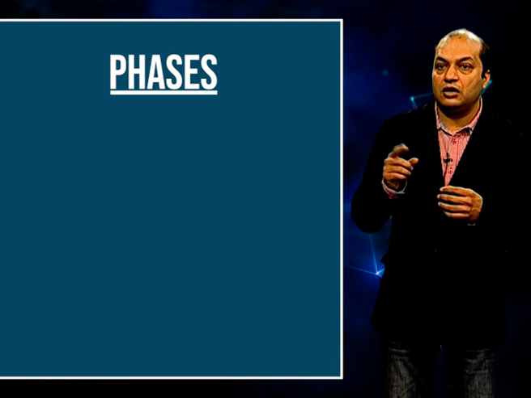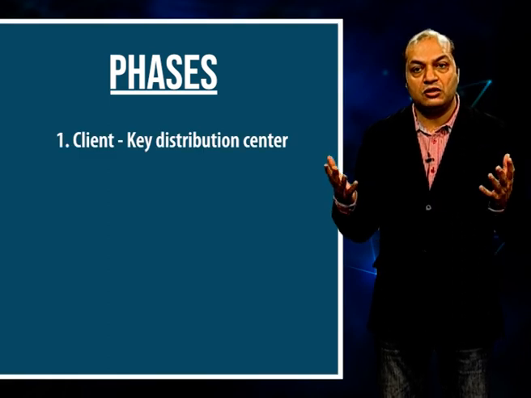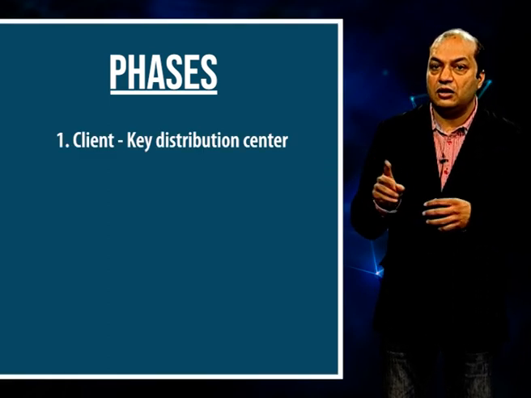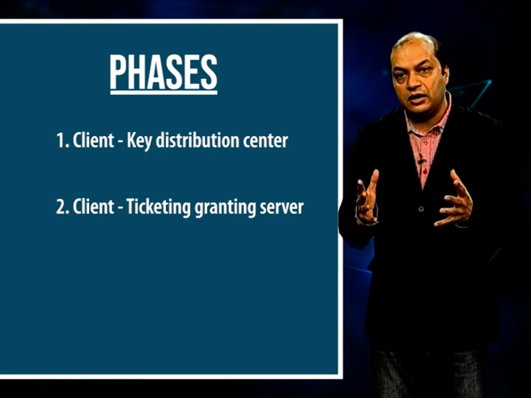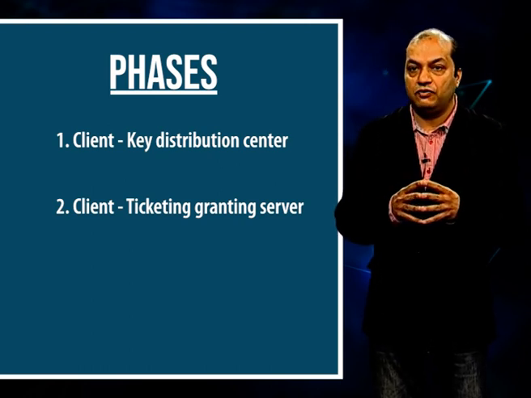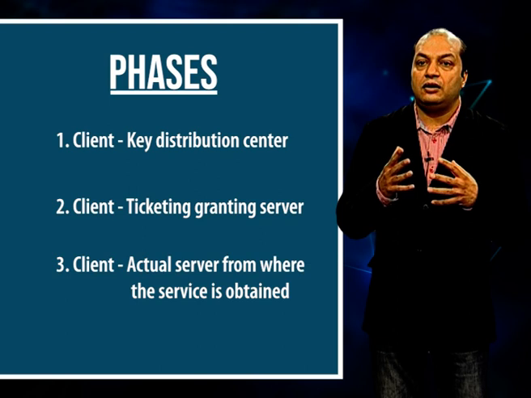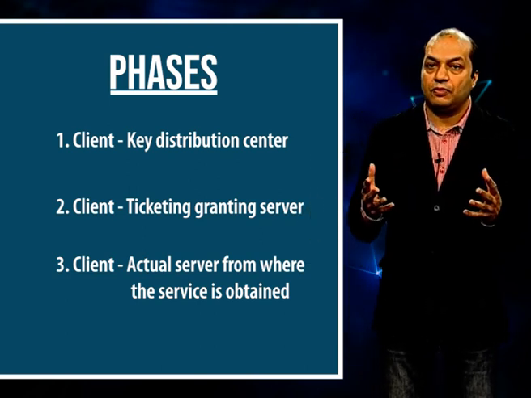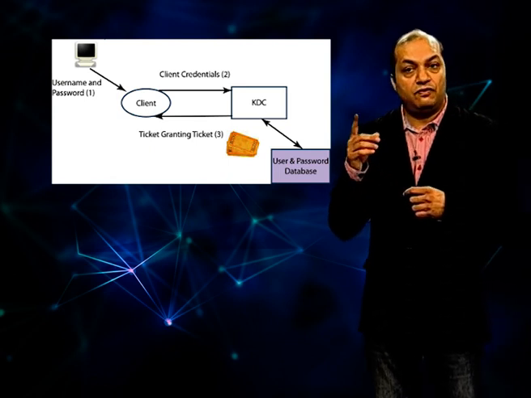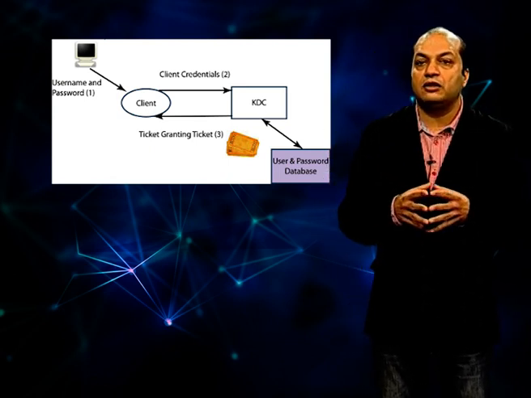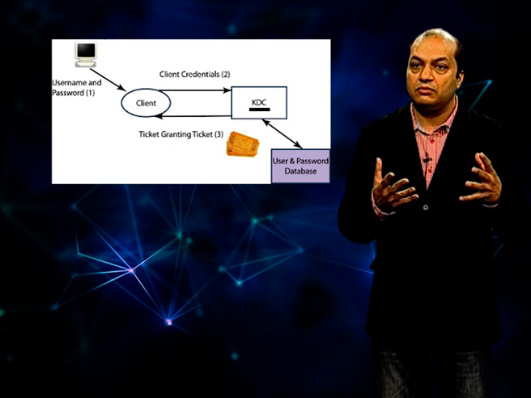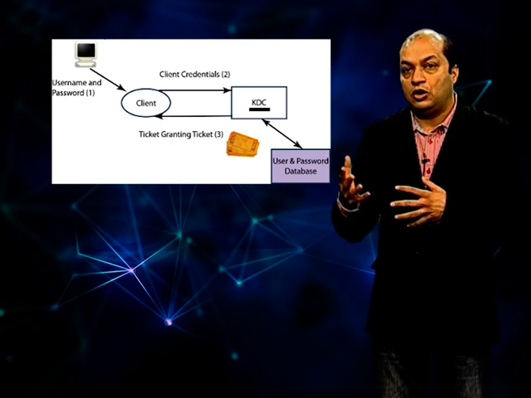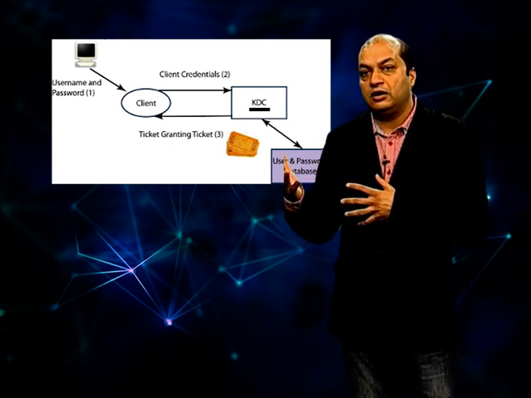The first phase is between the client and the key distribution center. The second phase is between the client and the ticket granting server. And the third phase is between the client and the actual server from where the service is obtained. In the first phase, the client gets a ticket from the key distribution center through which he can talk to the ticket granting server.